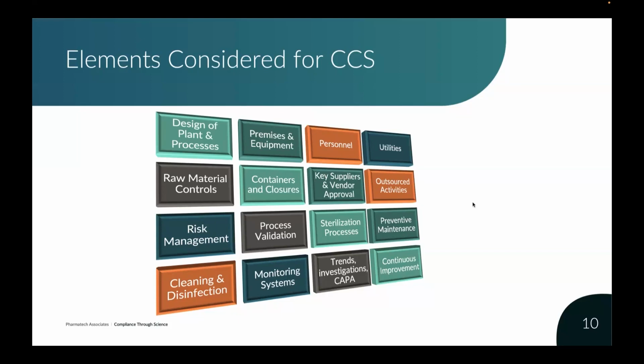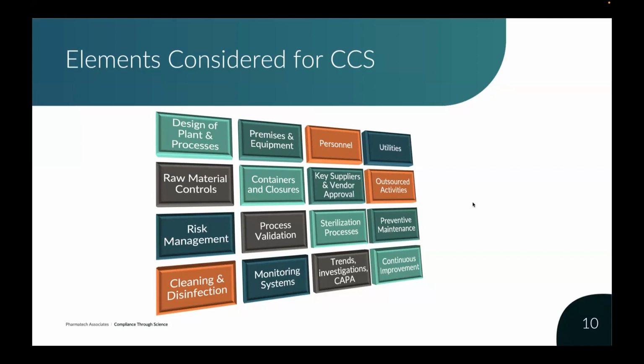Your risk management, your process validation, all your sterilization processes and their validation, and the preventative maintenance for the equipment that provides contamination control, such as HVACs, autoclaves, etc. Cleaning and disinfection programs, and monitoring systems, whether manual or an automated total particulate monitoring system. How are your trends, investigations and CAPAs integrated into your contamination control?